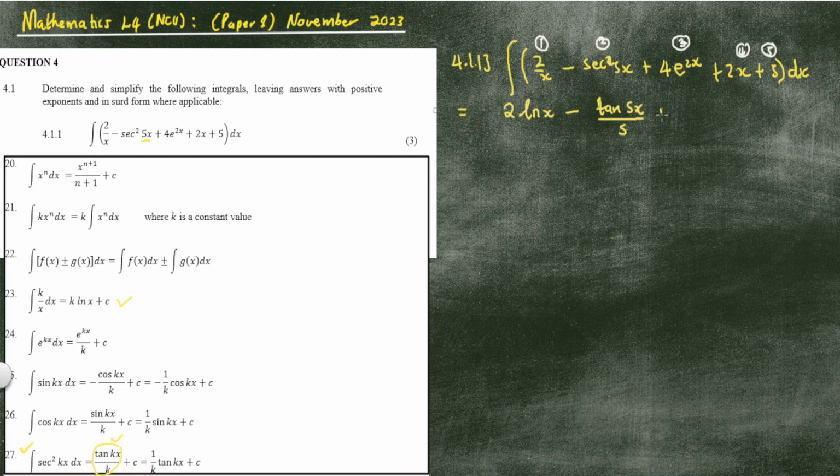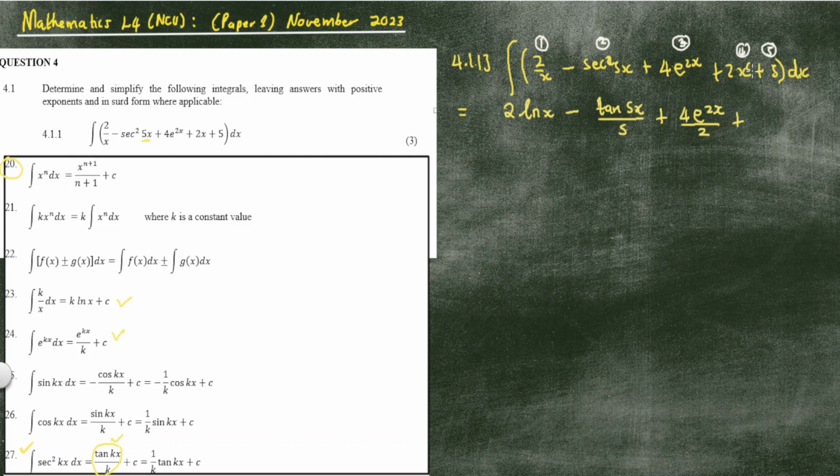Number 3, it's plus 4e to the 2x over 2. This is integral number 24, right? Plus, and then this one, it's obviously integral number 20.